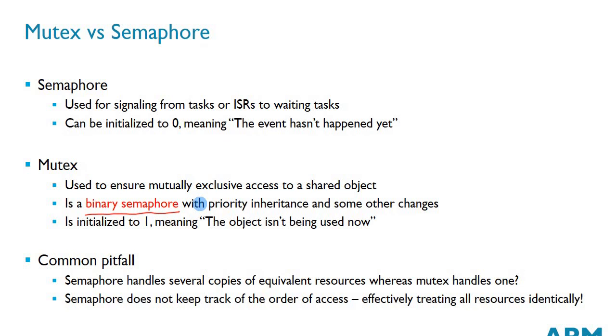But there is one other thing, which is priority inheritance. What is priority inheritance, we will discuss more in one of the tutorials. But for now, we can just take it that a semaphore with a count of 1 is in a sense similar to a mutex.